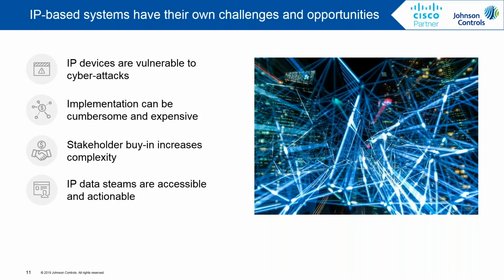Considering the second point, implementation of these IP devices can be cumbersome and expensive. With more and more of these IoT-focused devices becoming available, you now have to think about the implementation of a network infrastructure to connect them all together. This means deploying IP equipment that you are not typically used to doing, and you now need to involve IT with the help and implementation and maintenance of that network.